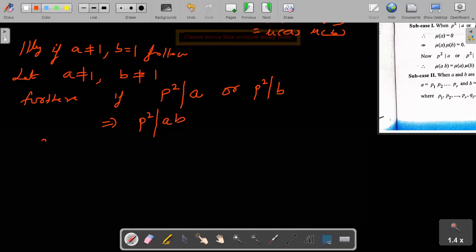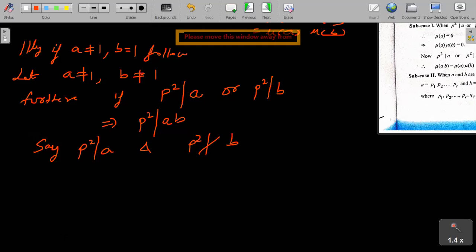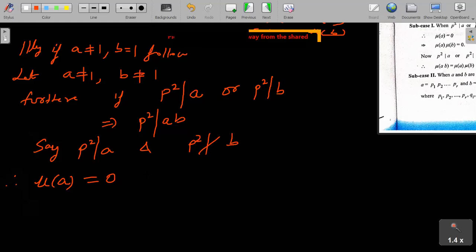Right. So suppose, say p squared divides a and p squared does not divide b. It divides one of them, so p squared divides a, and therefore what will mu of a be? 0. Very good. So therefore what will mu of a into mu of b be?